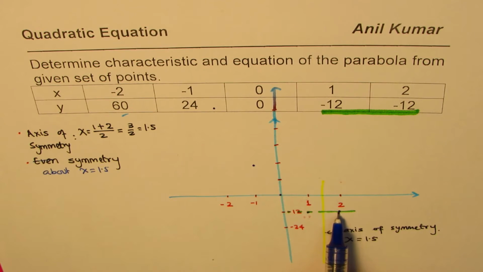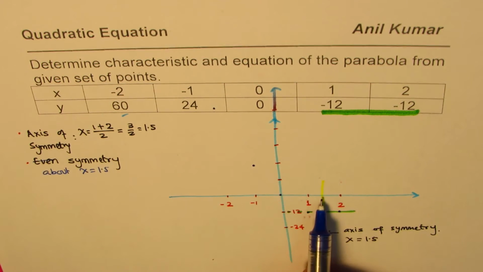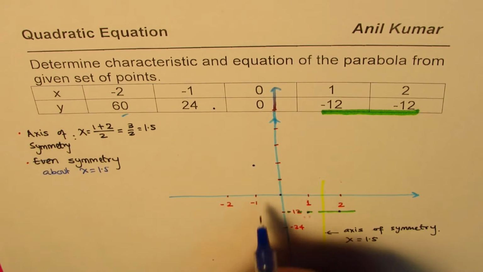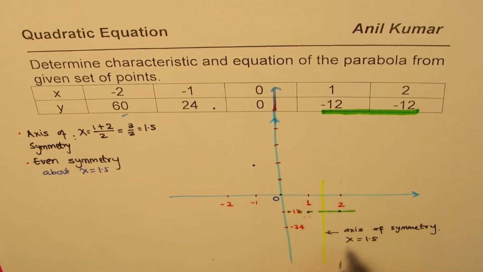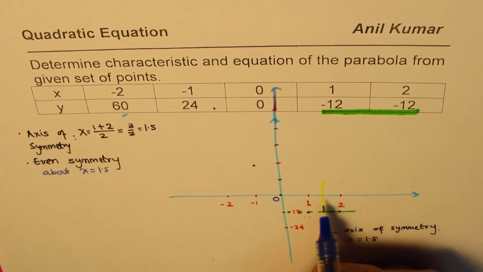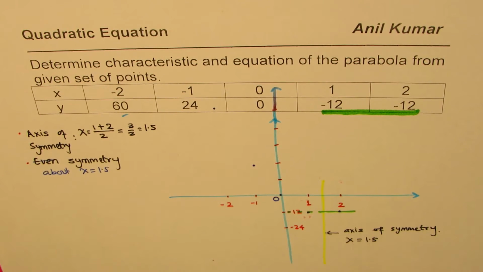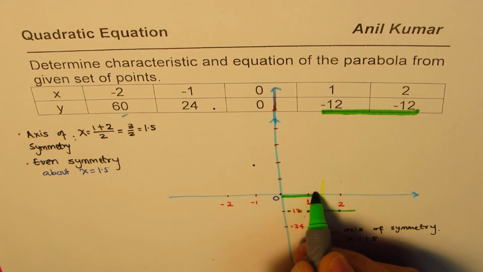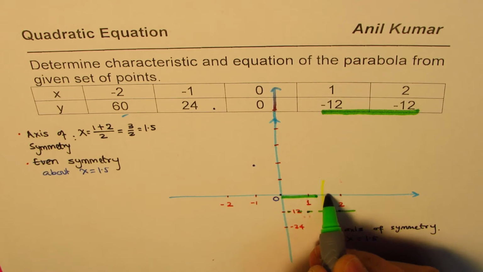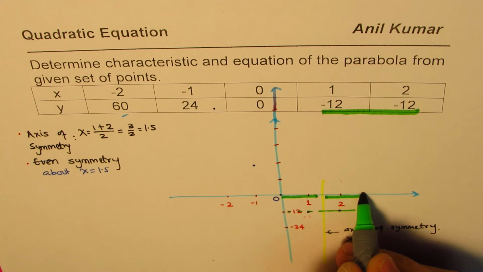The most important point which we are looking into is the x-intercept itself. Since we have x-intercept at 0, axis of symmetry is 1.5, the other point should be same distance away, right? So that is to say that I should have another 0 which is same distance away. That means 1.5 from this place.